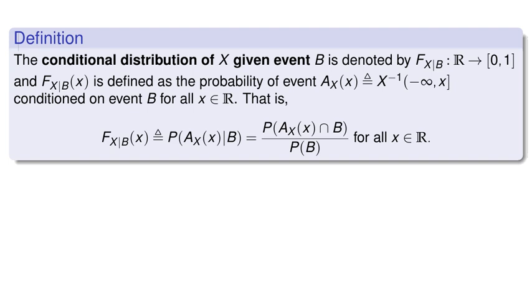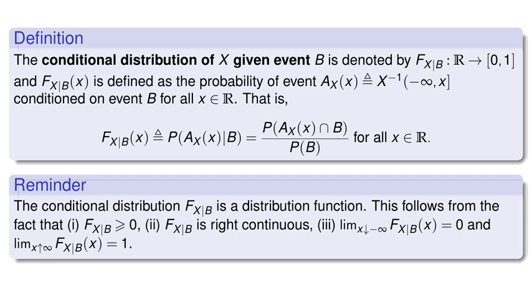Here a sub x of x is just the event that our random variable x is less than or equal to x. So f sub x given b of x is the probability that x is less than or equal to x given b, which by definition is the probability of the intersection of the events x less than or equal to x and b divided by the probability of b. This holds for all real x.